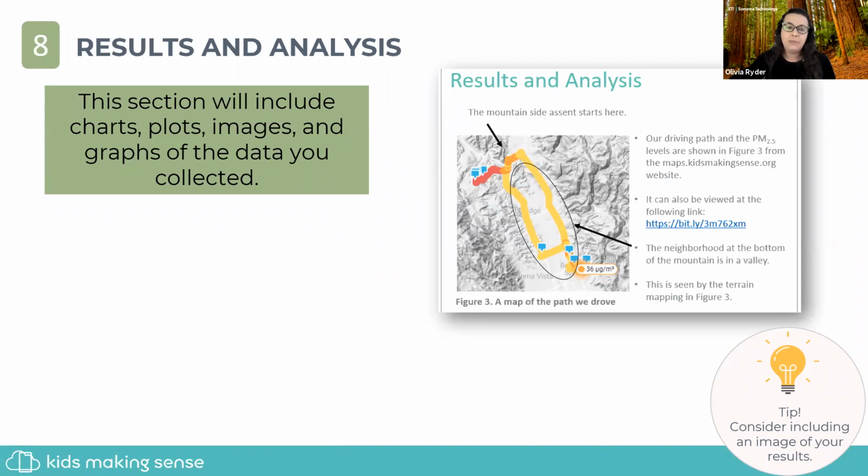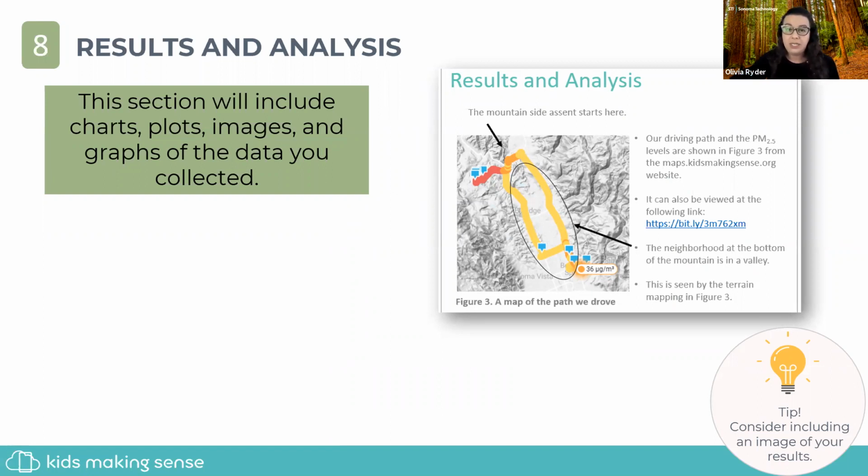Okay, so then the next section is the results and analysis section. So this is where they would be including charts, plots, images, tables, all these sorts of things that show their data and their analysis.